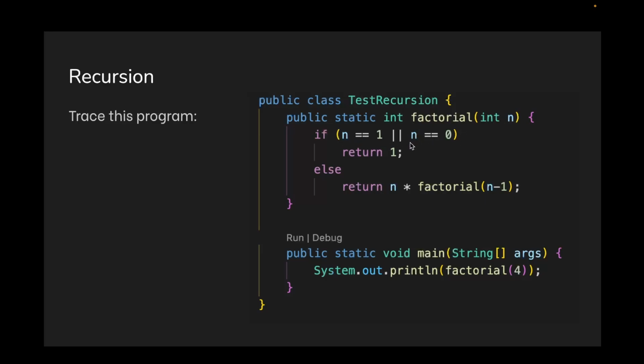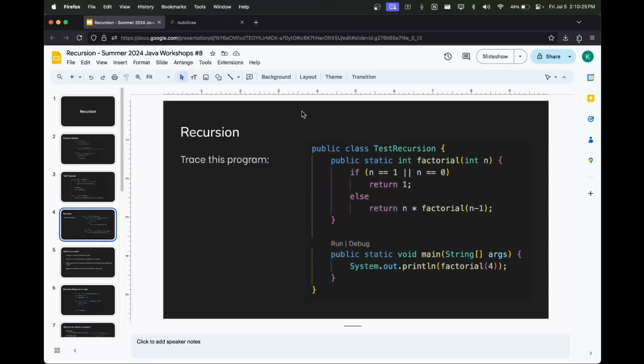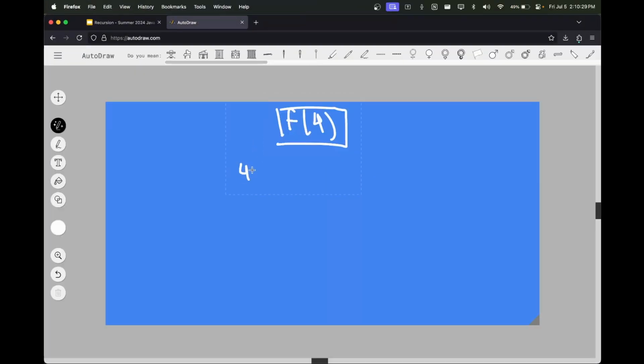No, clearly not, so it's not going to run this. So then it's going to call this, return n times factorial n minus 1. So n has a value of 4, right? So we'll say 4 times, and then factorial of 3, because 4 minus 1 is 3.